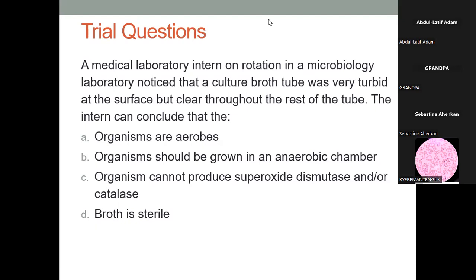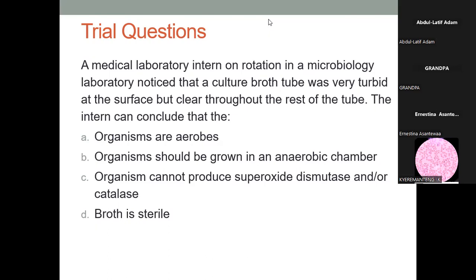Okay, but if there's cloudiness throughout the broth, what does it mean? If the broth is turbid, remember if there's turbidity, it means that there's growth. Do you agree? In a broth, if there's turbidity, there's growth. Do you agree? Yes, please.